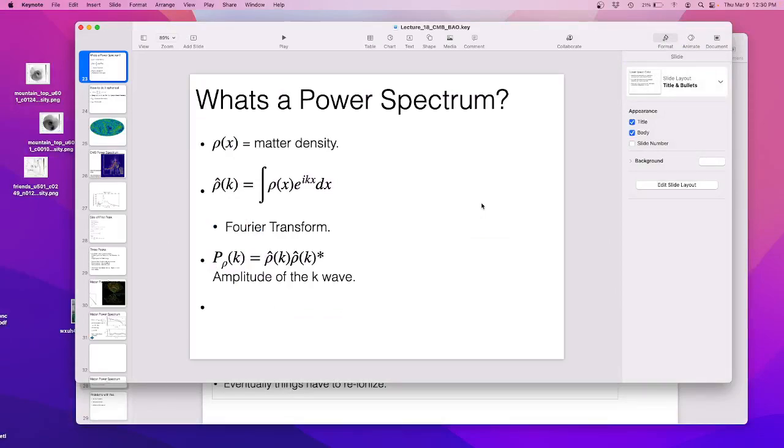Okay. Have you guys dealt with Fourier transforms much at all? No. So okay. The Fourier transform is one of the most important things that human beings have ever done. The Fourier transform is more important than antibiotics.